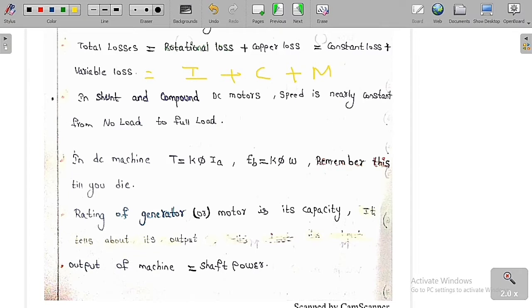I already told you, the output of a machine is equal to the shaft power. The output of a machine is also called the shaft power.